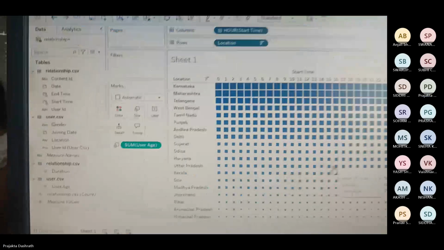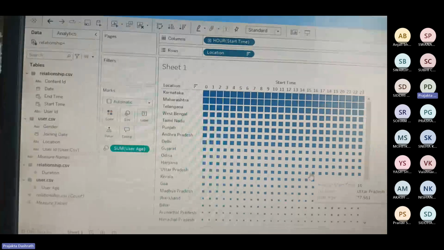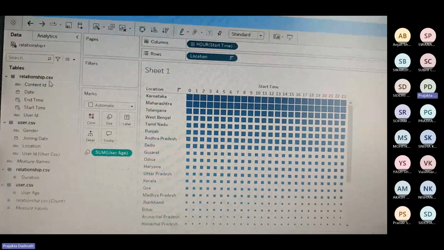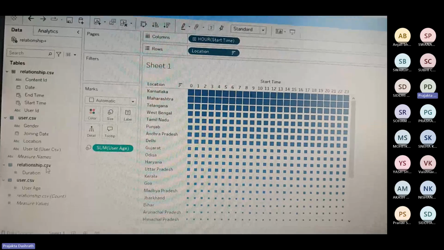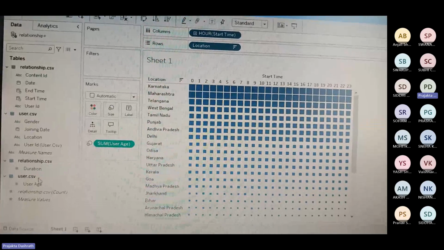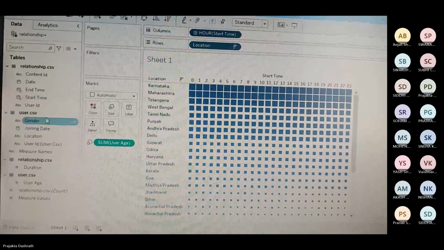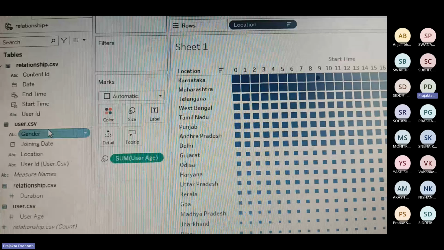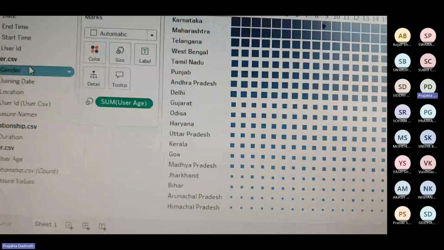Okay. Now, post performing this join, try to observe this is relationship table and this is user CSV. Able to understand? Yes or no? I hope the screen is clearly visible now.